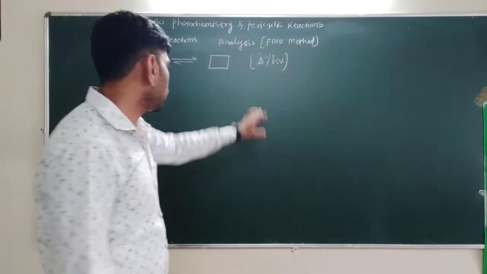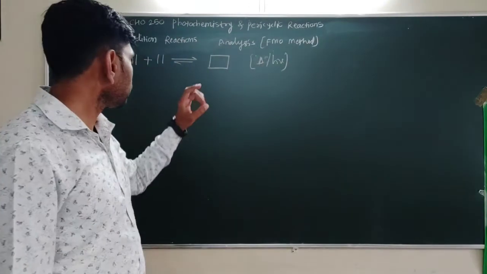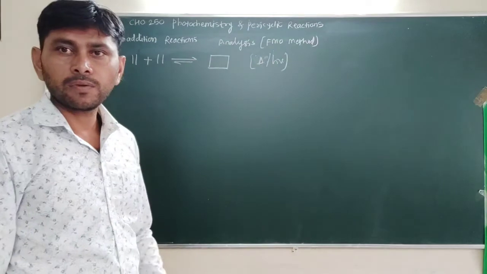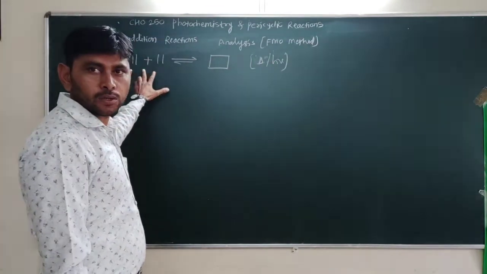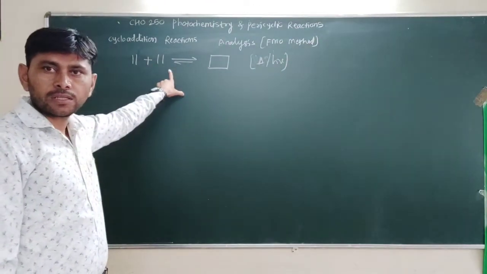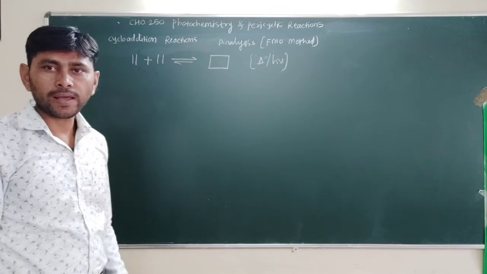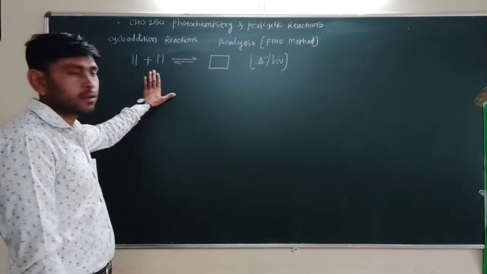the FMO method. So what we have to do in this method, we have to consider the reactant molecules. Which are the reactants? Two species are the reactant species: this 2 pi electron system and this 2 pi electron system interacting here.